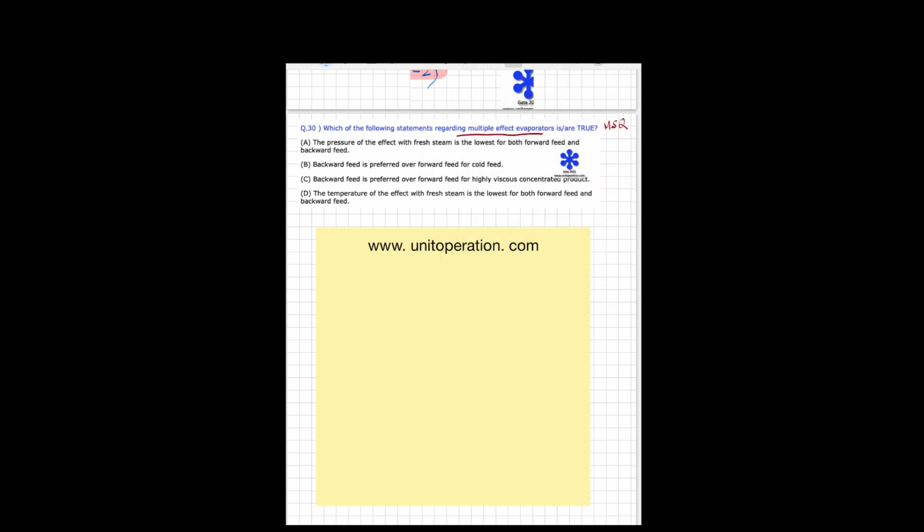The first option is the pressure of the effect with the fresh steam. In case of forward feed evaporator, this is the first effect, and in case of backward feed, let me show here the fresh steam.